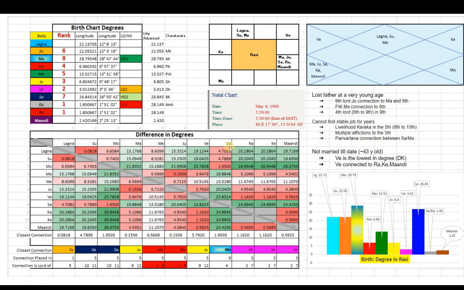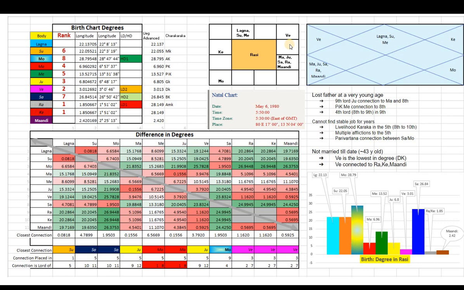And Saturn in this case, if you see, is closest to Moon. So this Saturn is the karaka of livelihood, and Moon, unfortunately, in the fourth house should give stability normally, Lagna, but by nature, Moon is a planet for vacillation.